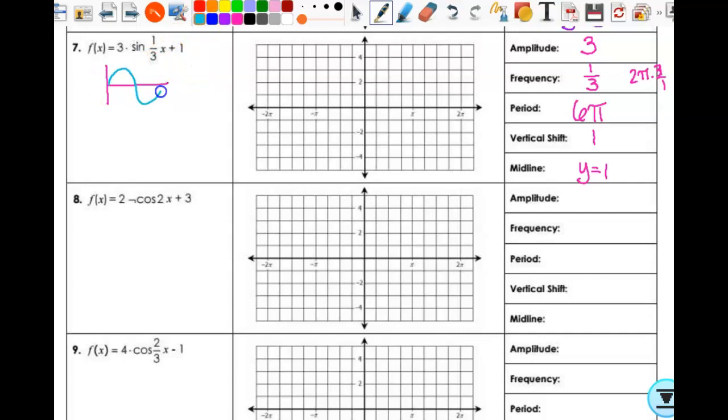This is sine, so it looks like this. Midline is at 1. Okay, so I know I'm starting here.